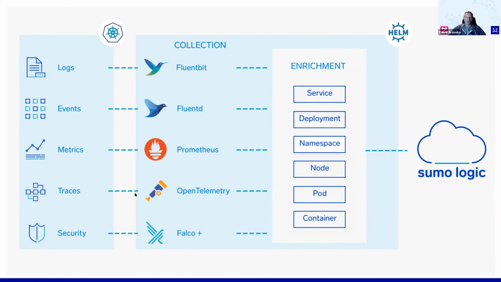But for Sumo Logic's dedicated collection layer for Kubernetes, we're actually using other open source collectors to collect various signals. We're enriching that with common metadata, and that way you have a guarantee that you can always find your signal regardless of how it appeared in the system, in the context of the entity that you're analyzing.